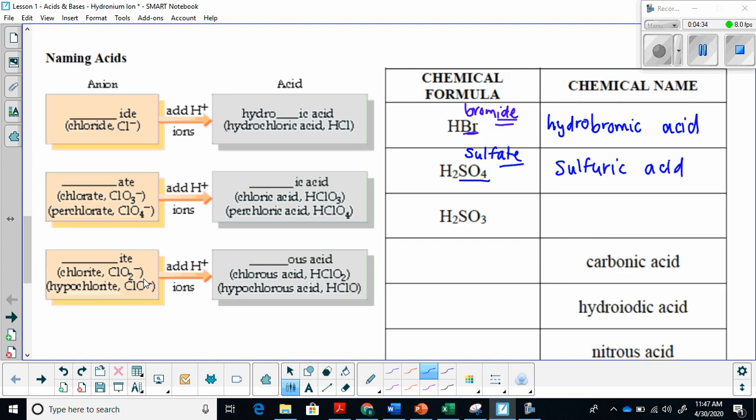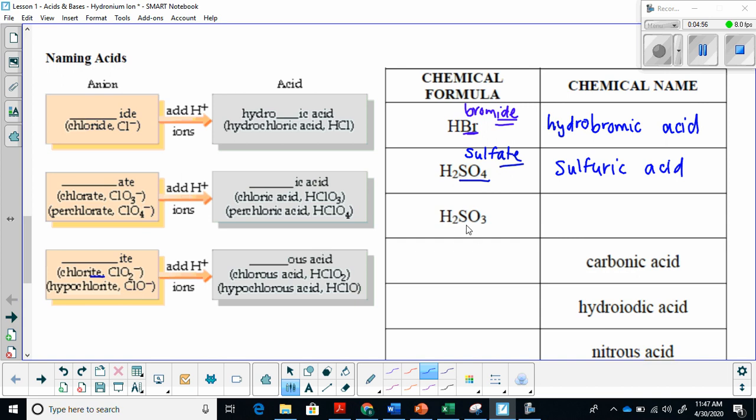Okay, and the last acid name that you have, so let's say on the polyatomic ion chart, something ends in "ite." So let's say we have chlorite. It's going to get an ending of "ous" when we give this acid name. So again, there's no hydro in front of it, and we are now changing the ending to "ous."